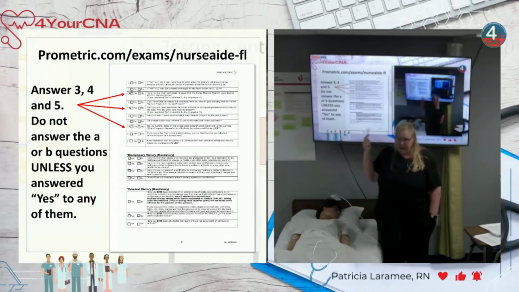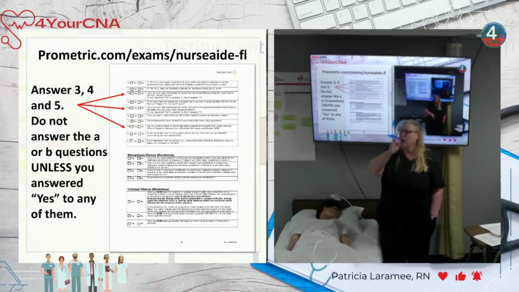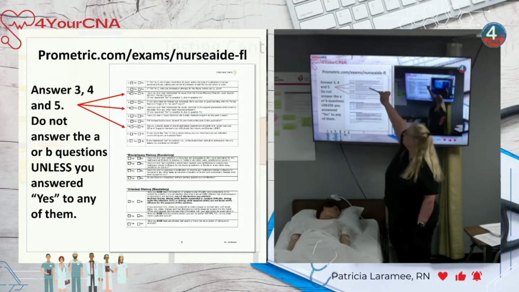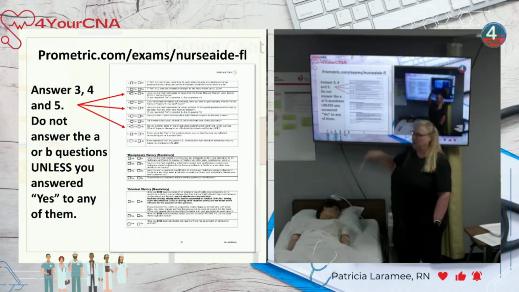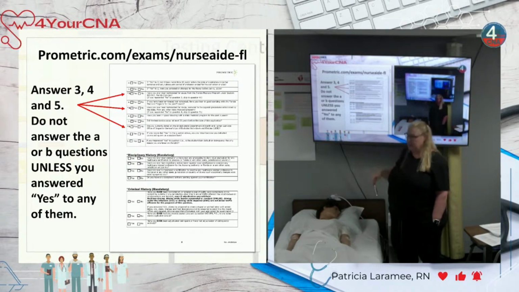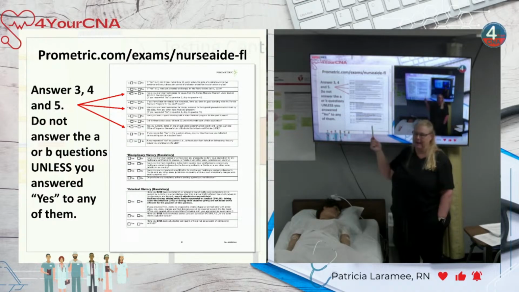If none of that happened, if you did not work for a doctor who was convicted of Medicare fraud and you were taken to court and put on a list and told not to work in medicine ever again, then your answers for 3, 4, and 5 are no. Leave your A's, B's, C's, and D's blank. Any questions on that section? It has nothing to do with you getting Medicaid as a recipient. Has nothing to do with that.